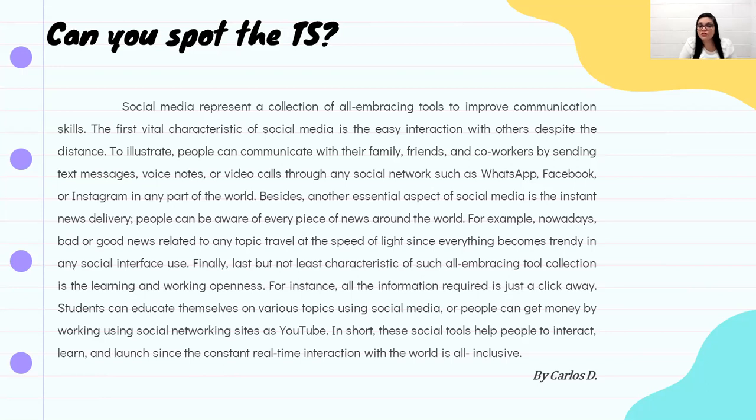Besides, another essential aspect of social media is the instant news delivery. People can be aware of every piece of news around the world. For example, nowadays, bad or good news related to any topic travel at the speed of light since everything becomes trendy in any social interface used.